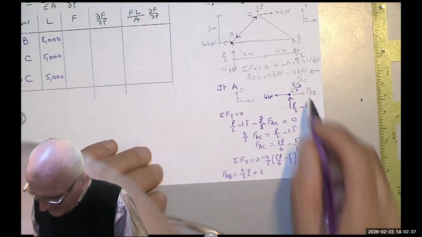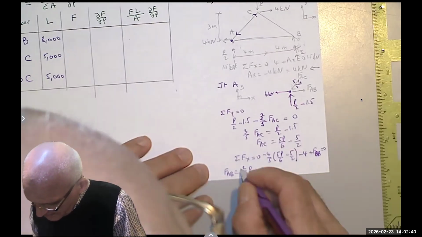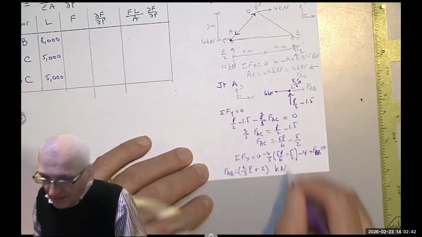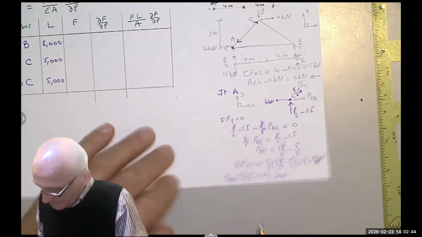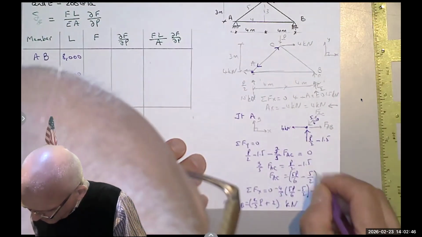So FAB equals this much kilonewton, and this one also is in kilonewton.